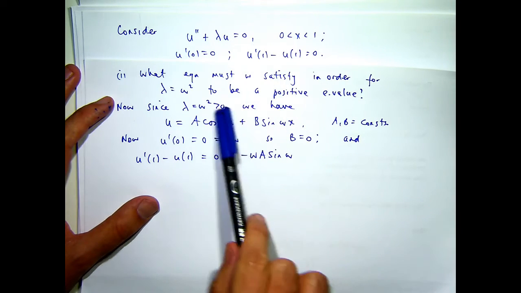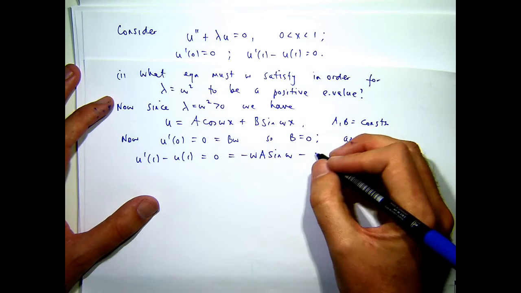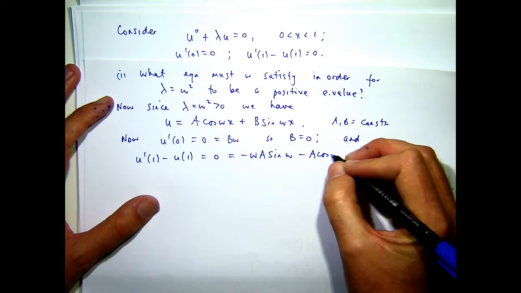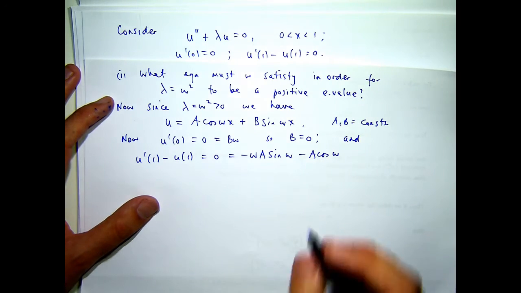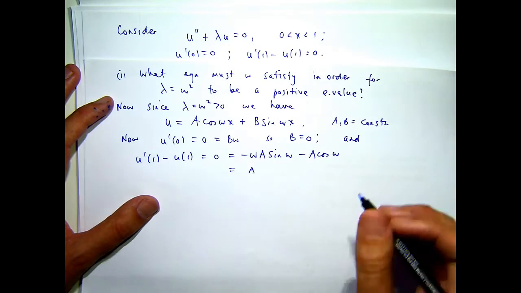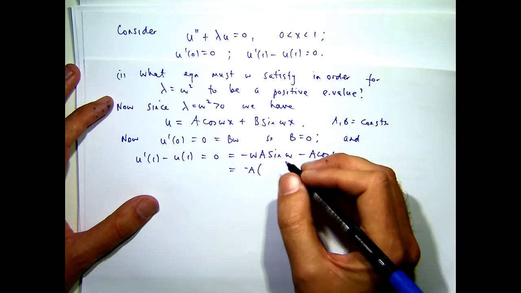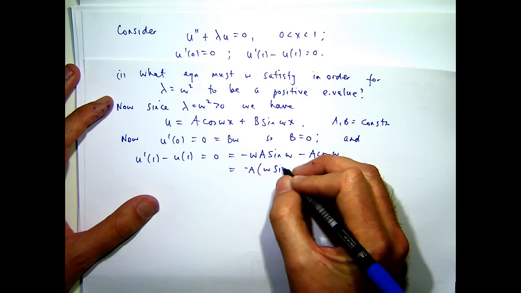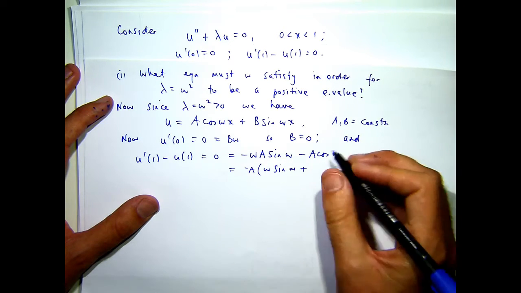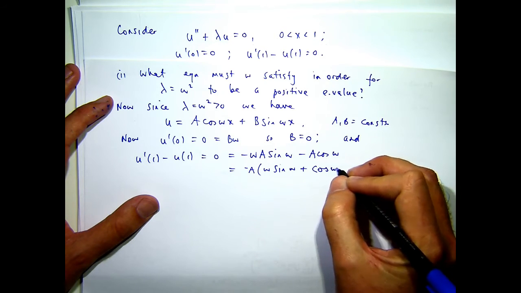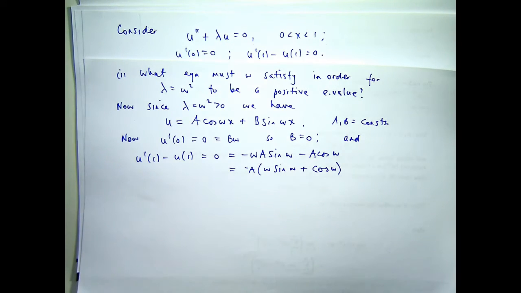Then taking away this thing at x equals 1, I get the following. I can factor out the minus a, and I get something like this. Now, we don't want a to be 0, otherwise we get the trivial solution. So we want what's in this bracket to be 0.